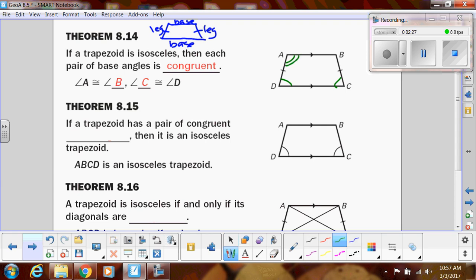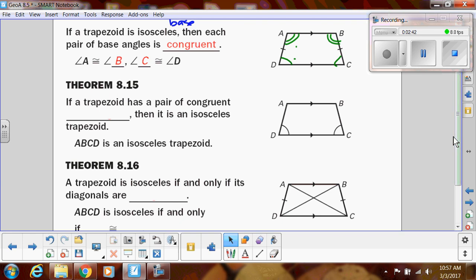Now they won't necessarily be congruent to each other, but keep in mind too that these are consecutive interior angles, so these will add up to be 180 as well, this one and this one. All right, so also if a trapezoid has a pair of congruent base angles, then it is an isosceles trapezoid. So if you just know one set, that's kind of like the converse, then you know it's an isosceles trapezoid.